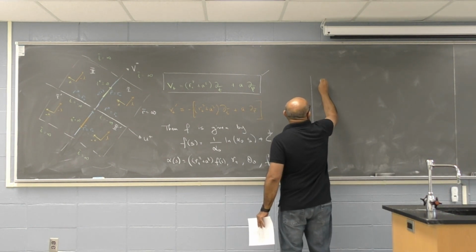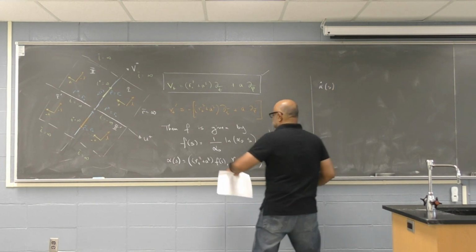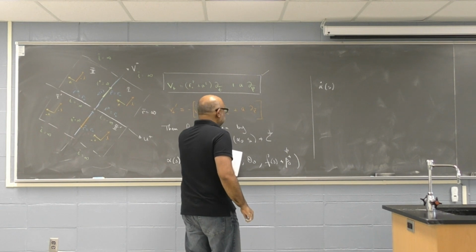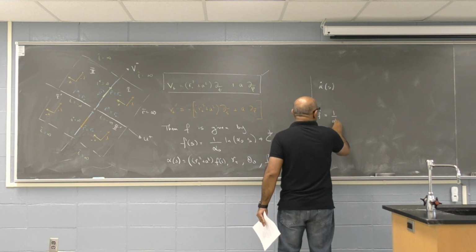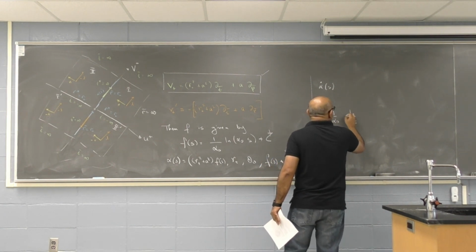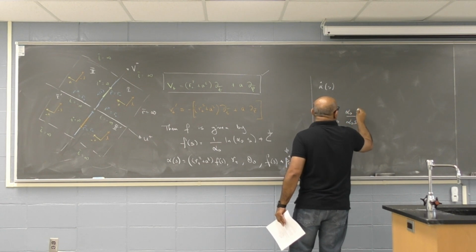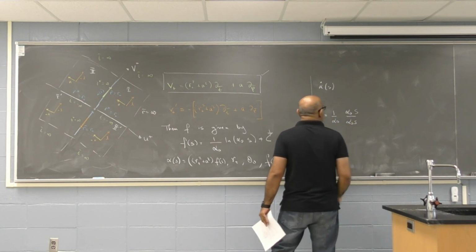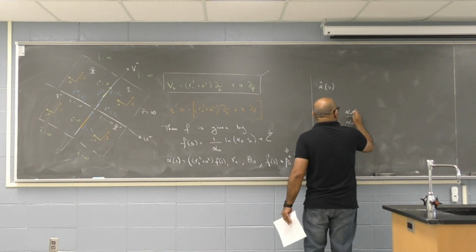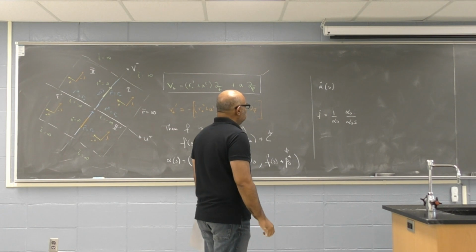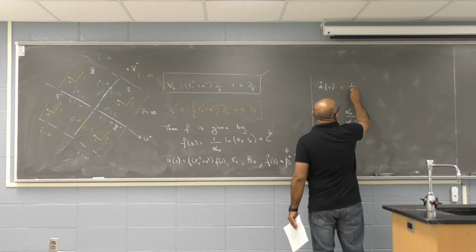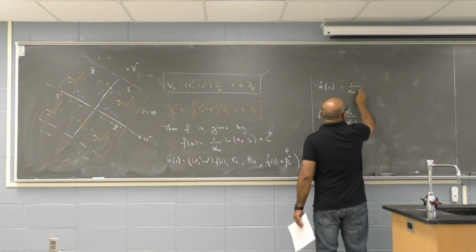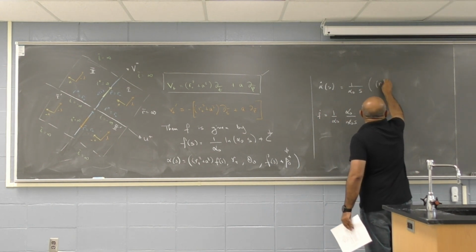What is alpha dot s? Let's look at this curve. What's the derivative of this? Well, f dot s is 1 over alpha 0 s. Nice. Correct. So this is 1 over alpha 0 s times r plus squared plus a squared.